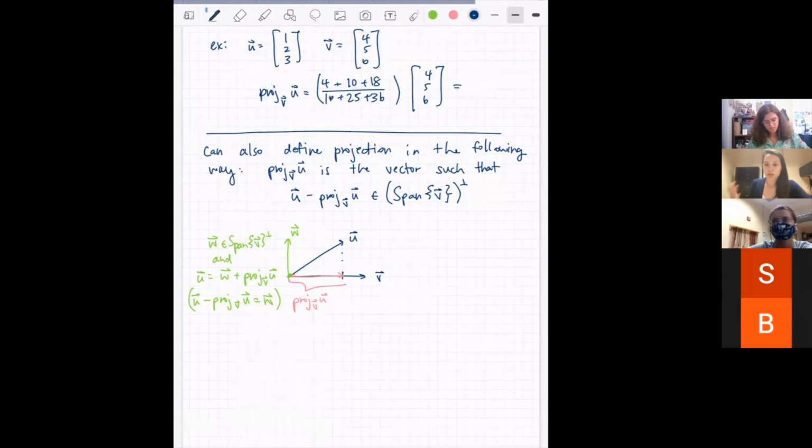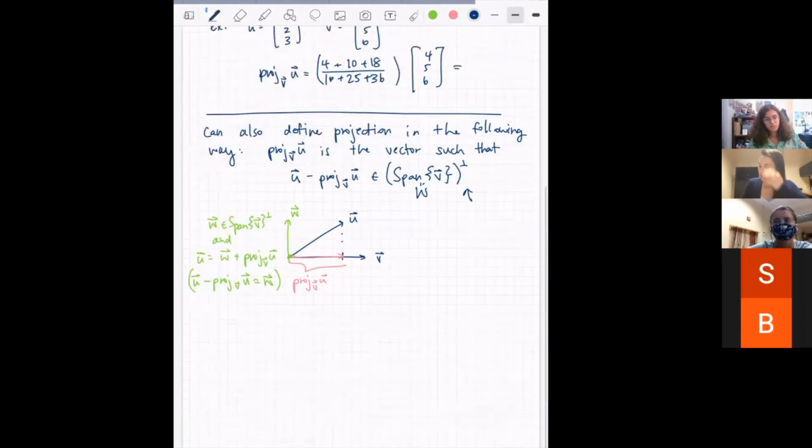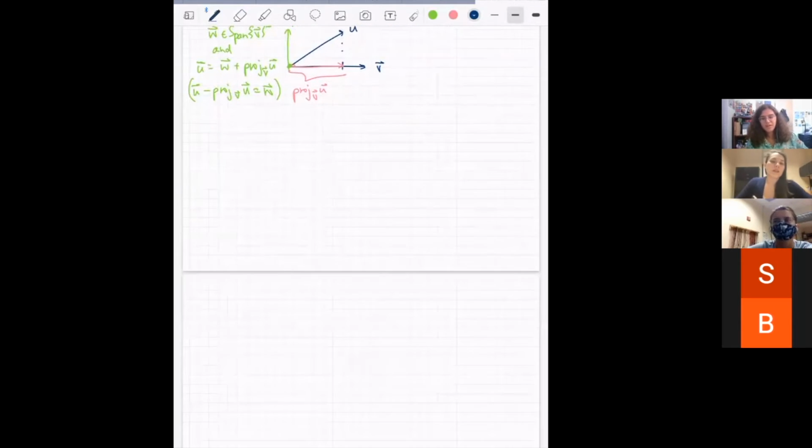But this definition also works for higher dimensional subspaces, because for higher dimensional subspaces, we'll call this W. We can define W perp, right? For any subspace.